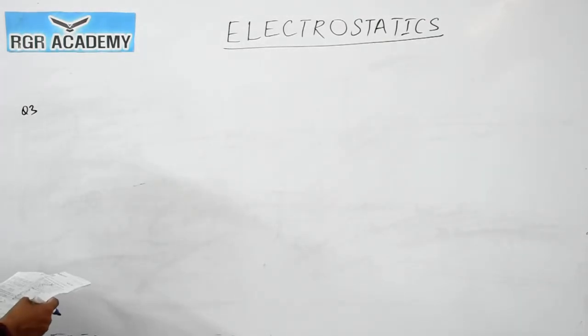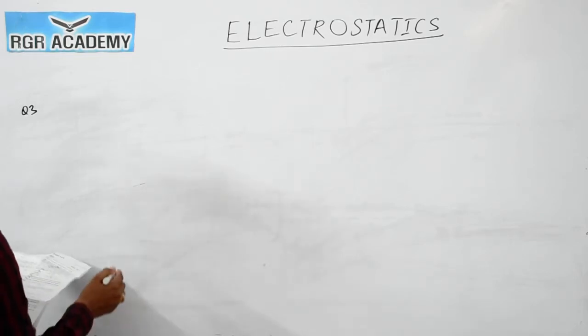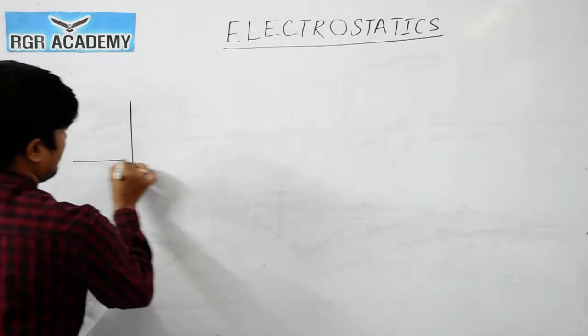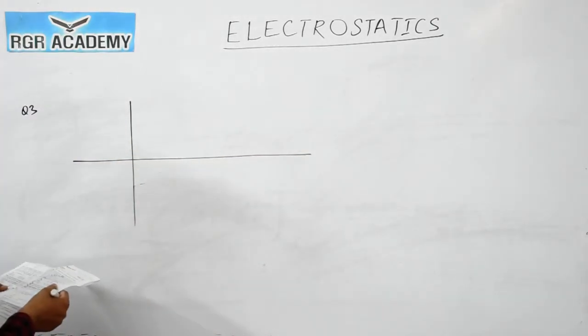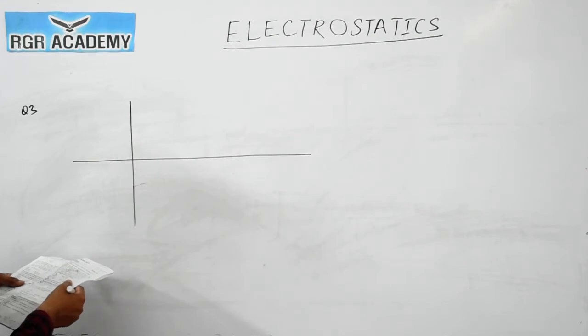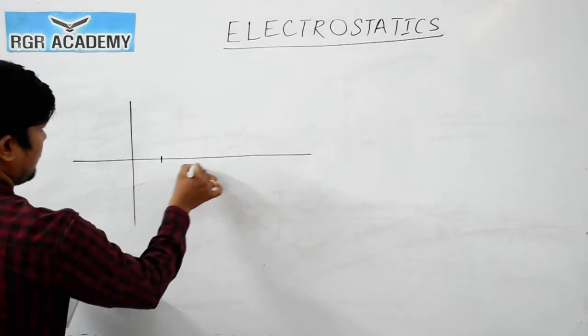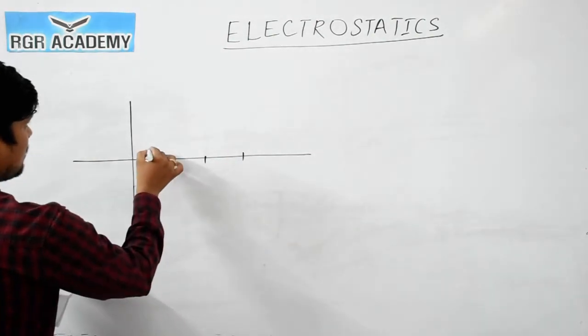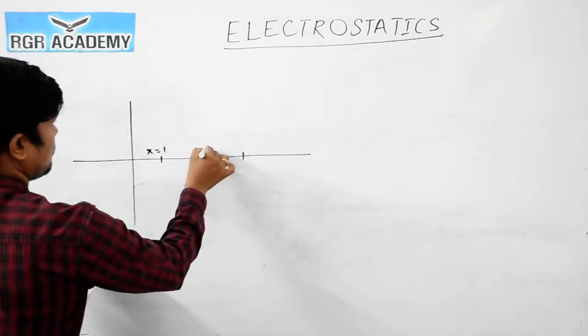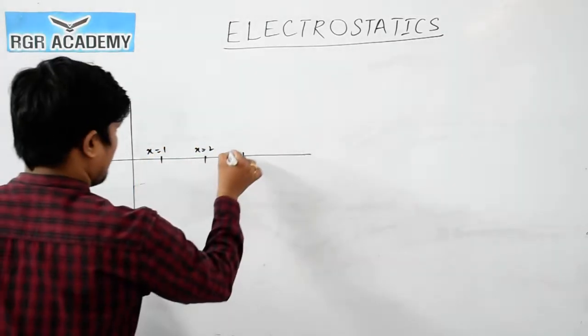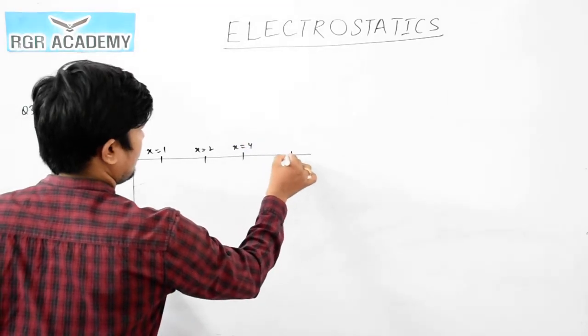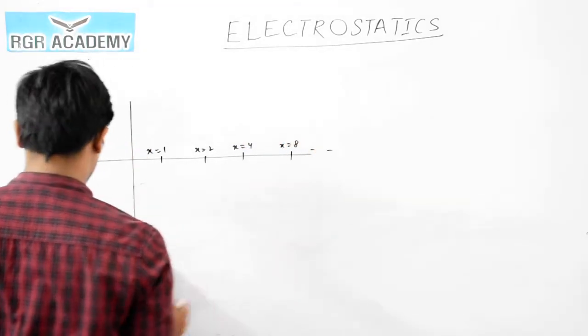Now question number 3, an infinite number of charges each of charge 1 microcoulomb are placed on the x-axis with the coordinates x equals to 1, 2, 4, 8 till infinity.